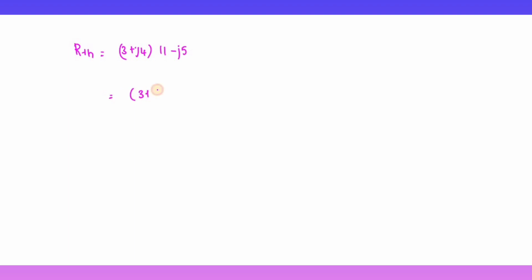Okay, so I can write 3 plus j4 into minus j5 divided by 3 plus 4j minus 5j. Okay, so this is nothing but minus j15 plus 20 divided by 3 minus j.